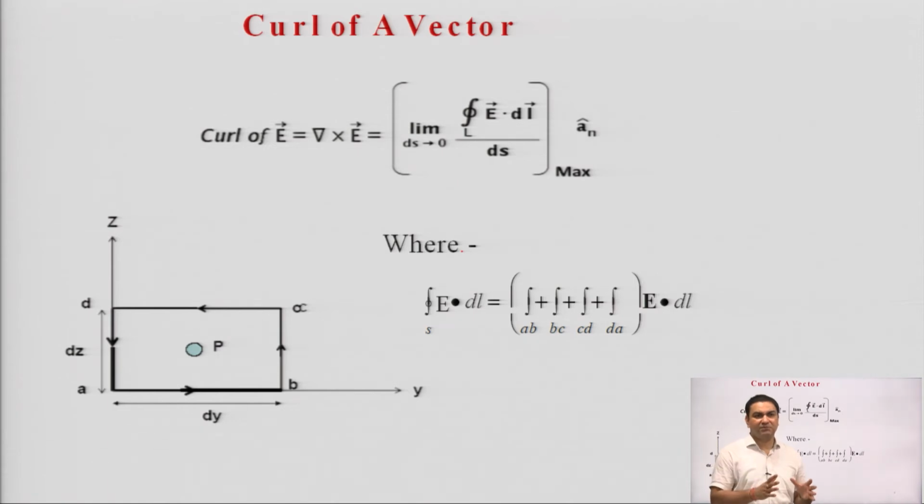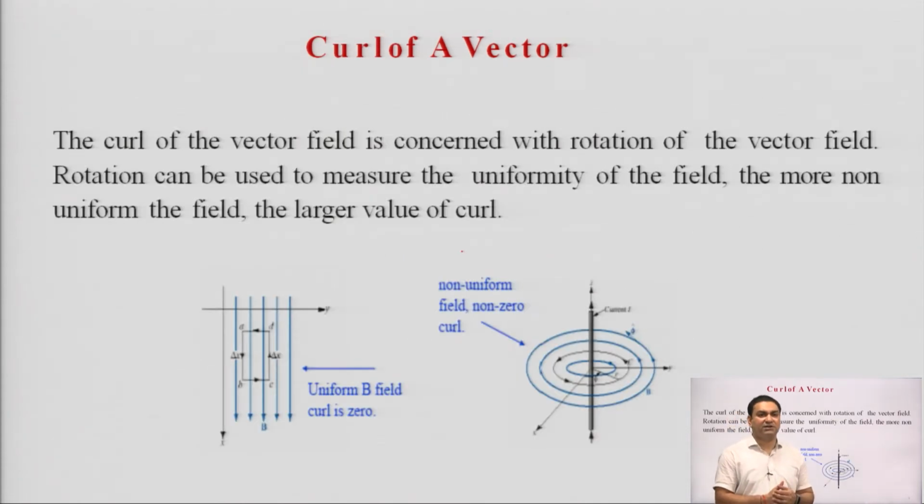Here the 4 segments are given and the complete line integral of the vector E is represented in the form of the separate integrals of the 4 line segments. So, it can also be represented for the curl of a vector E. As I have already told you, the curl's significance is in the form of rotation, in the form of circulation.